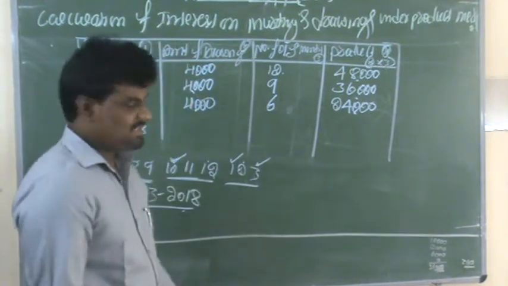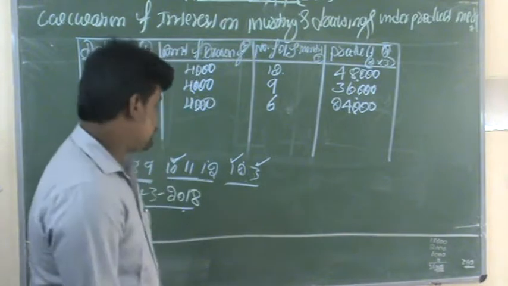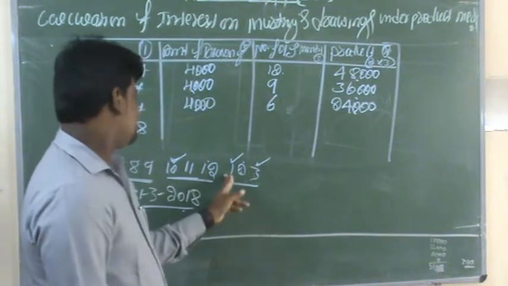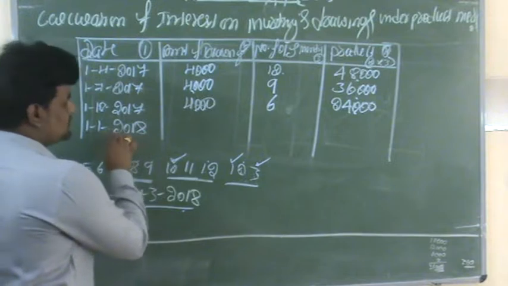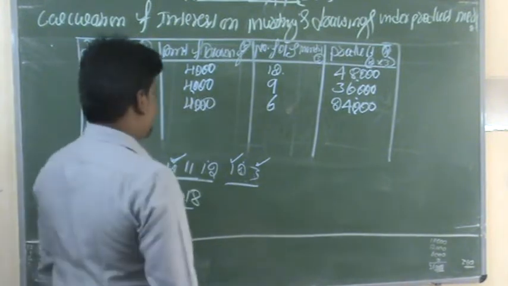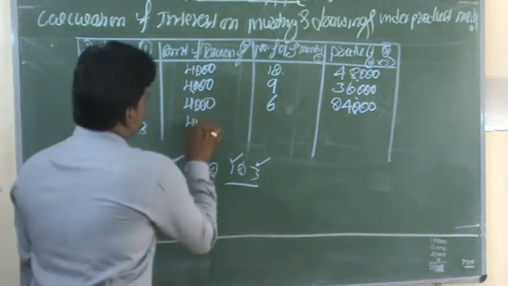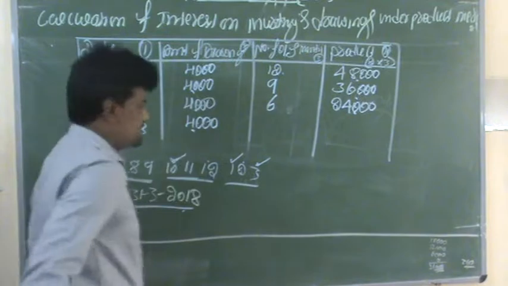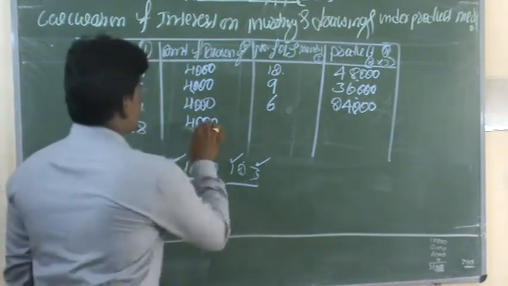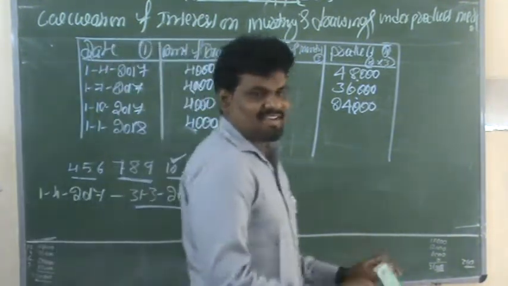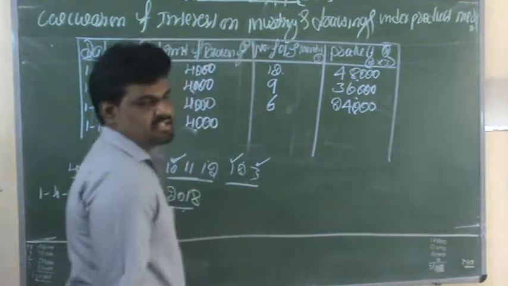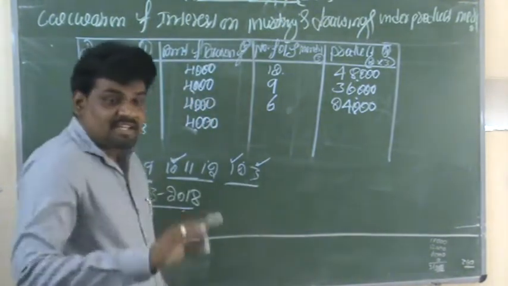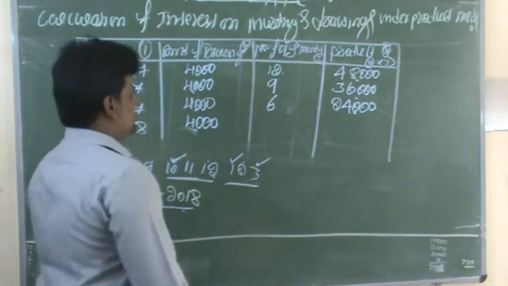Not the next assessment year; only the calendar year is changing. On January 1st 2018 they are withdrawing rupees 4,000. The drawings are constant, there is no fluctuation. Every quarter the fixed amount of drawings only they are withdrawing.